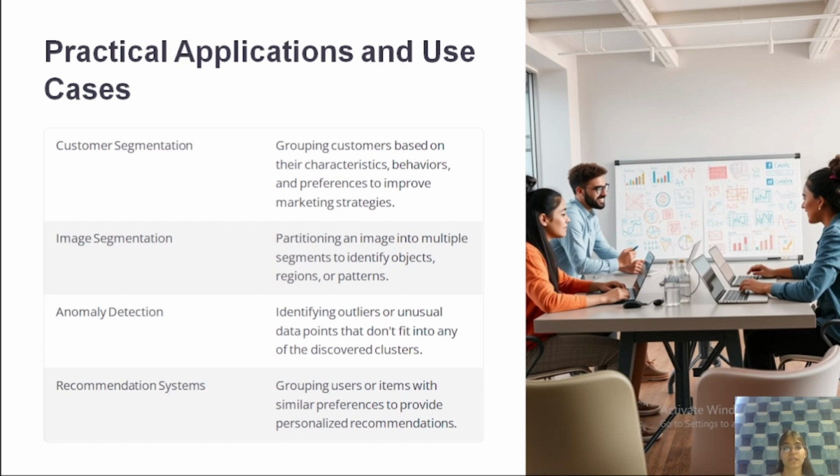In image segmentation, you partition an image into multiple segments for identifying objects, feature extraction, and patterns. You can use it for anomaly detection, identifying outliers or unusual data points that don't fit into any discovered clusters.